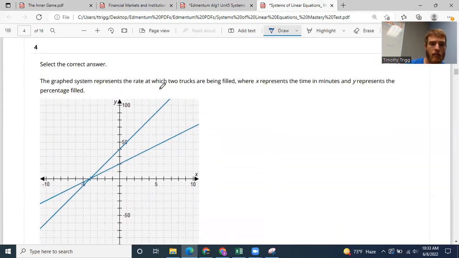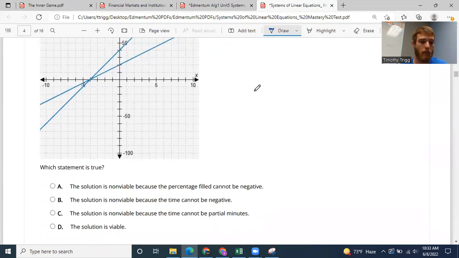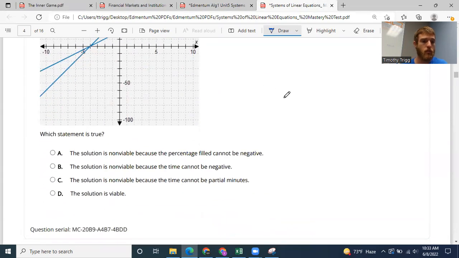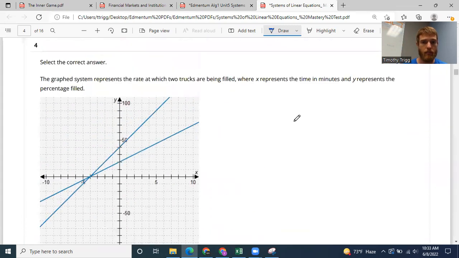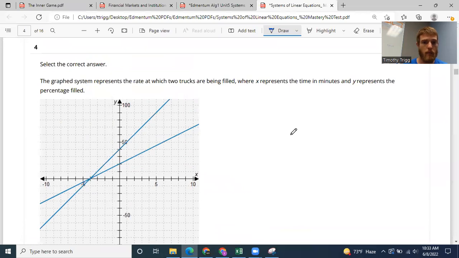The graphed system represents the rate at which 2 trucks are being filled, where x represents the time in minutes and y represents the percentage filled. Which statement is true? The solution is non-viable because the percentage filled cannot be negative. Y represents the percentage filled. X represents the time in minutes. So you can see where they cross.